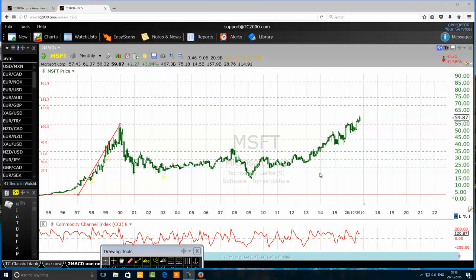Good morning, traders. Today we want to discuss Microsoft stock and Fibonacci trading. A few days ago, Microsoft released what we call the Surface Studio.